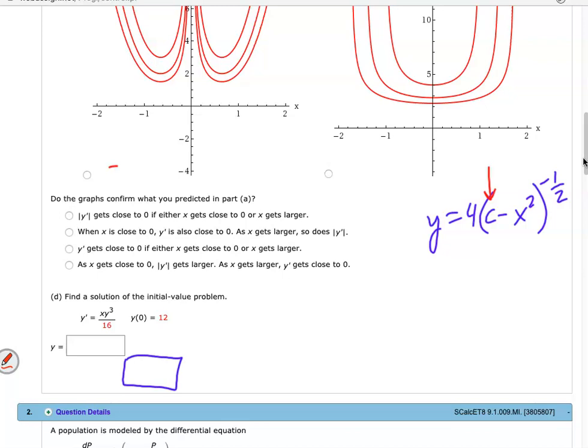If I want a specific solution where I've solved for c, I need a point to plug in. They gave me, when x is 0, y is 12. So I put a 12 for y, a 0 for x, and then solve for c. You have to do the same thing: plug in your numbers for y and x, solve for c, and then you'll get a solution with no unknown constants.